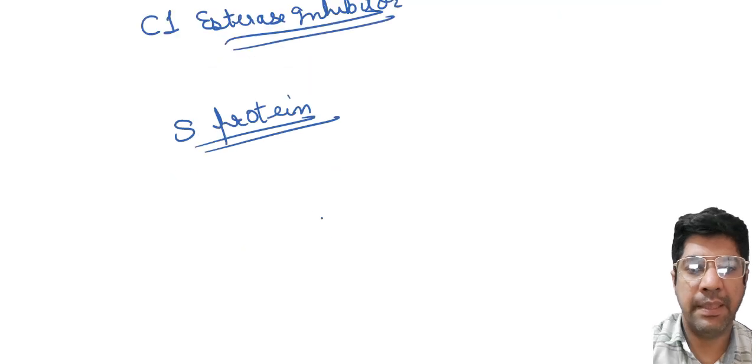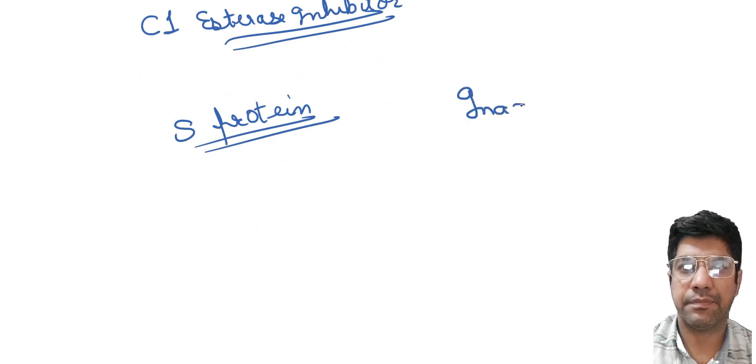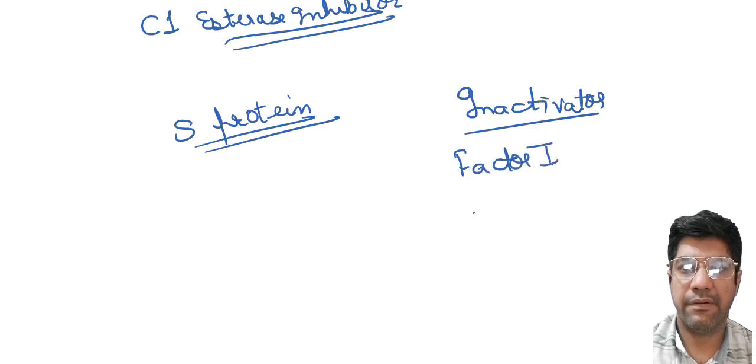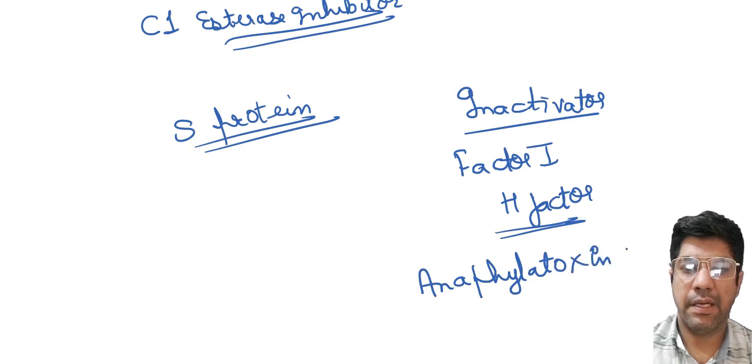So they are the inhibitors. The inactivators are factor I, factor H, and anaphylatoxin inactivator.